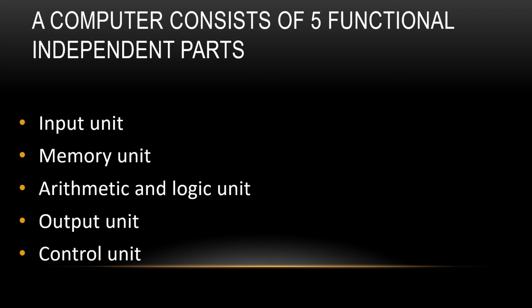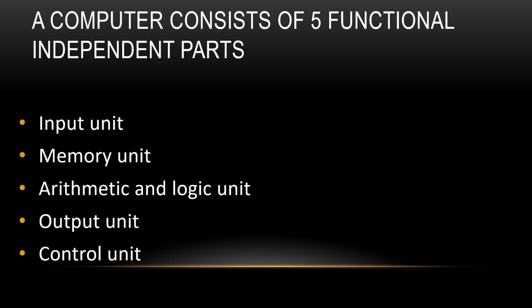Then other devices are also used for input, such as mouse or touchpad, and it may also get input from other computers, that means in the form of digital communication lines, that is, information we can get through the internet.